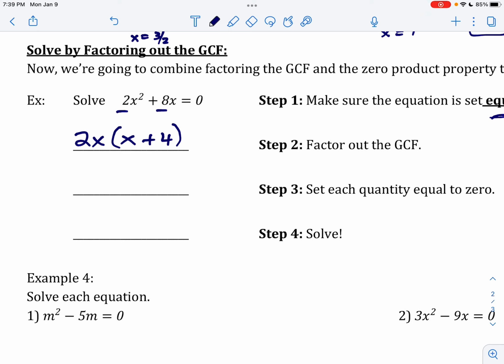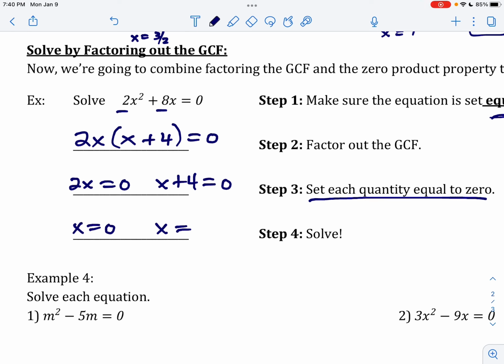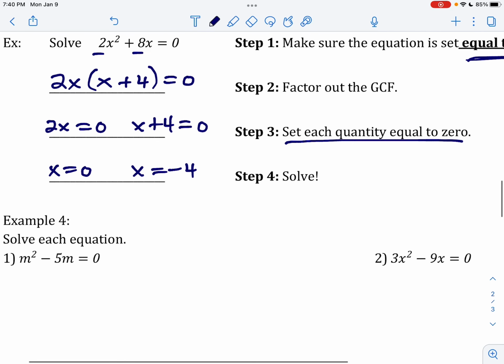Then I have to set each quantity equal to 0, and then I'm going to solve, just like we did above. So x equals 0 and x equals -4. So my roots are 0 and -4.